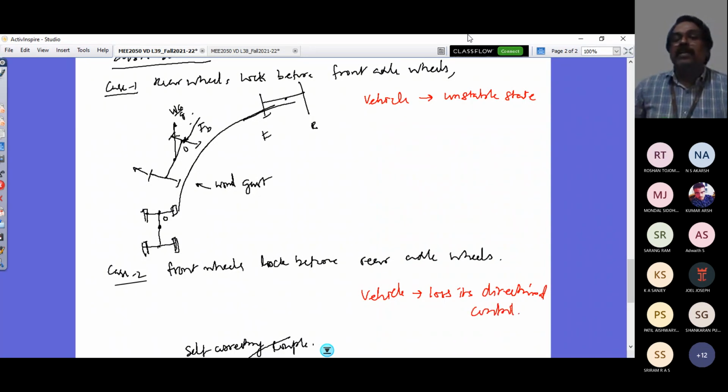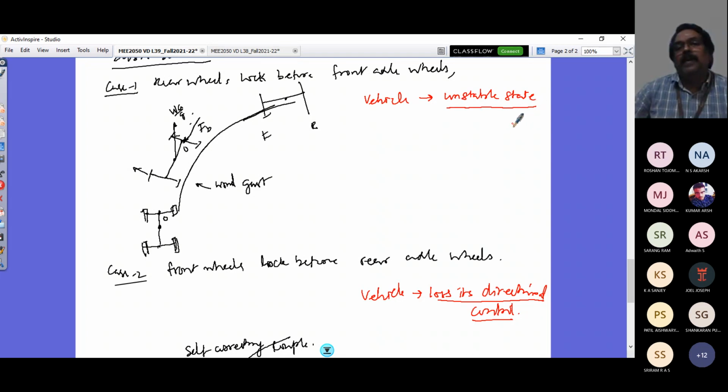But the directional control can be carried out by an alert driver, who could have steering control. The directional control lost can be corrected by an appropriate steering input by the driver. Whereas here, the driver cannot do any more exercising of steering, and the total control is lost, and it is an unstable state.